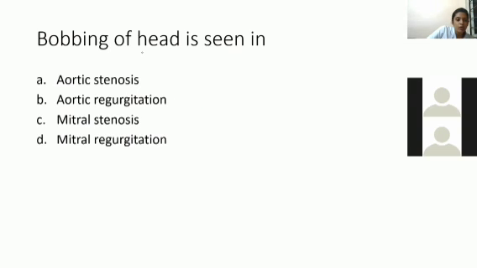So what is this bobbing of head called? What is the name of the sign, bobbing of head in aortic regurgitation? De Musset's sign. De Musset's sign is the bobbing of head in aortic regurgitation.